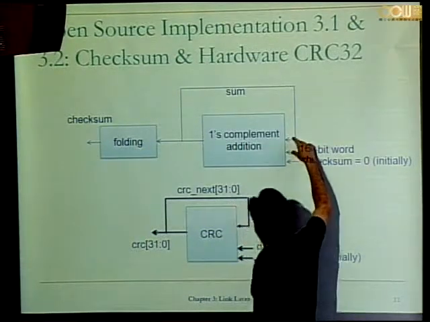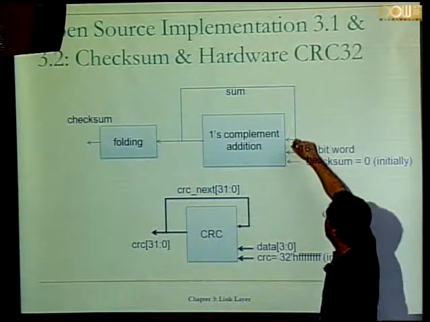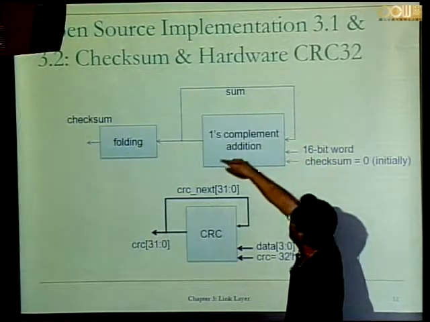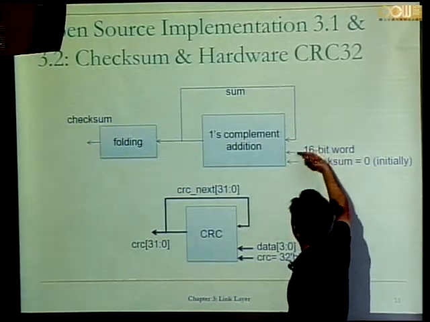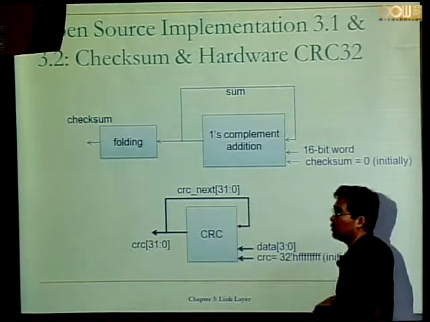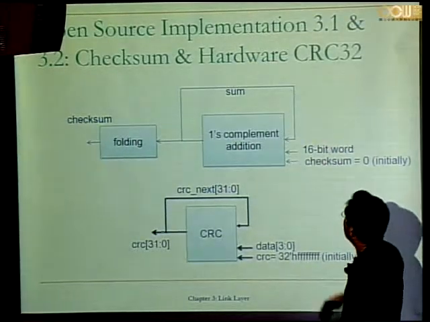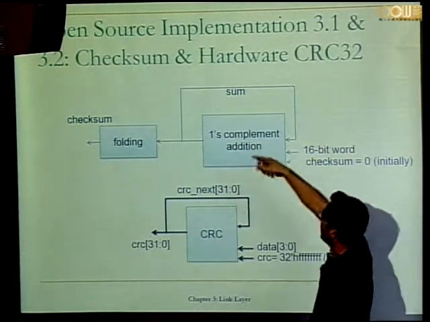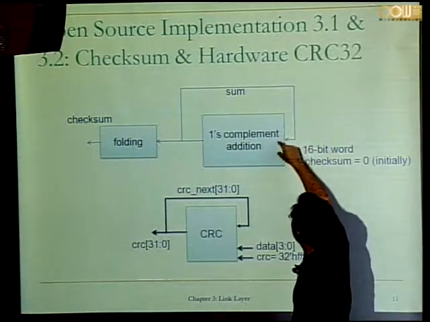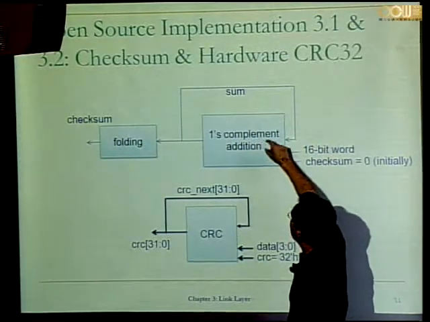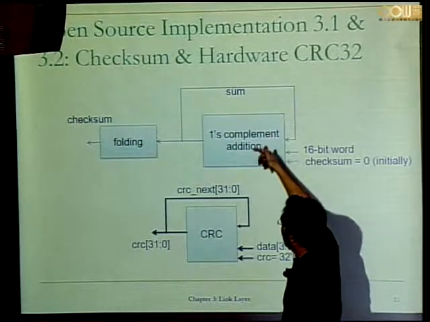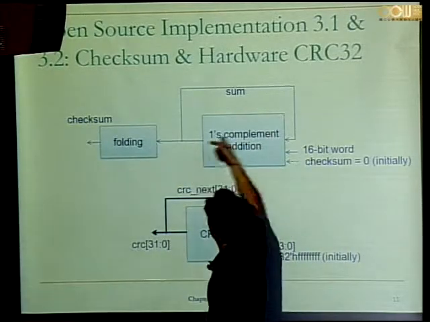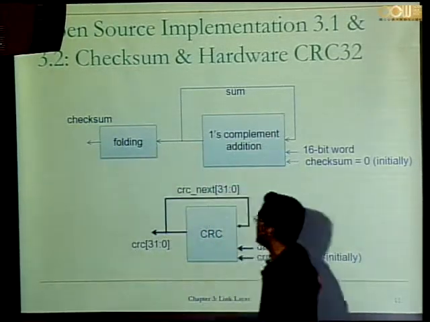So these two will be added together, and then the result will circulate back to add with the next word. By combining these two streams together, you get the sum back, and then at the end you output the checksum value.